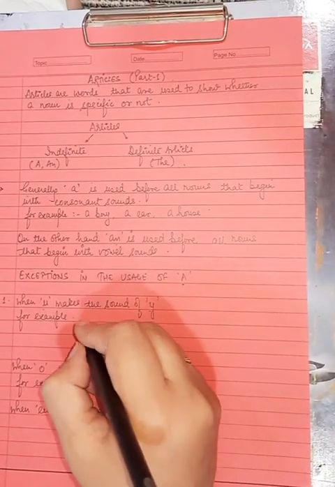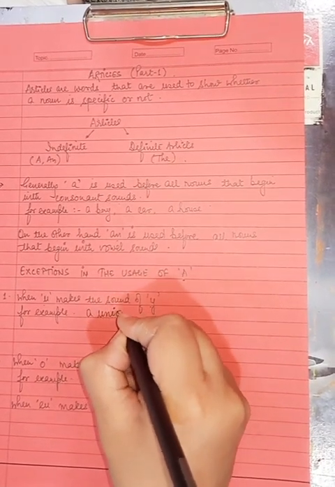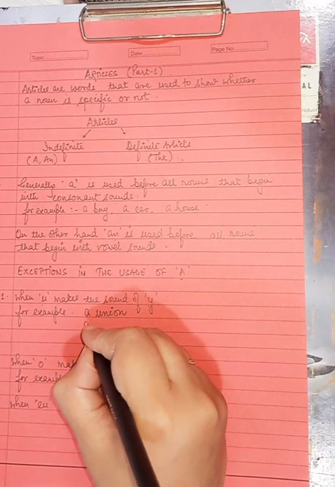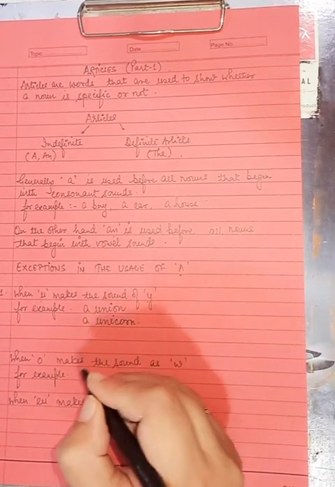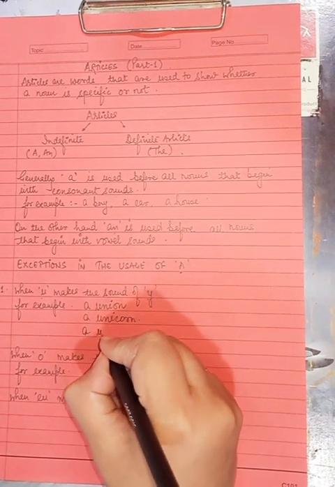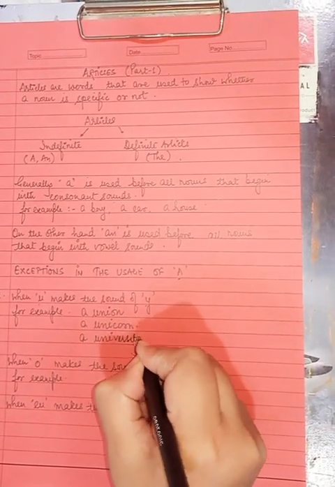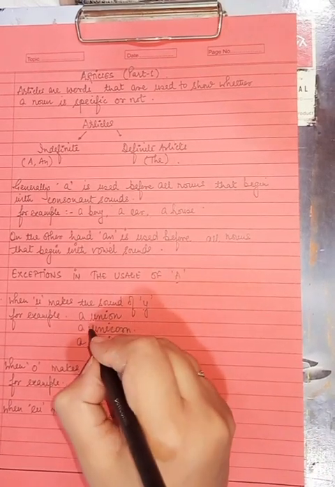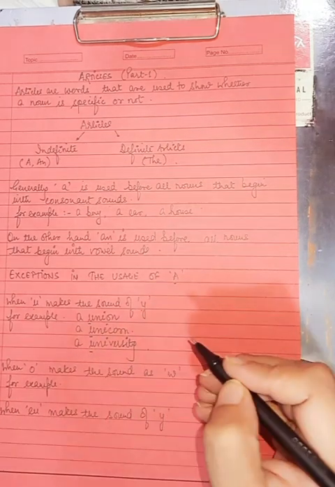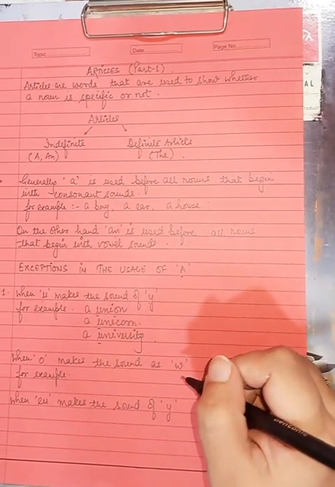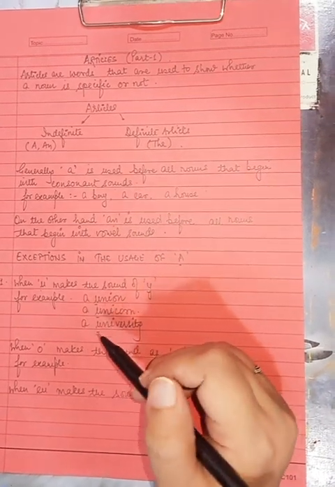For example, we say a union, or a unicorn, or a university. We'll never say an university. Why? Because though these words start with a vowel U, they make the sound of a Y. That's why we are using a.